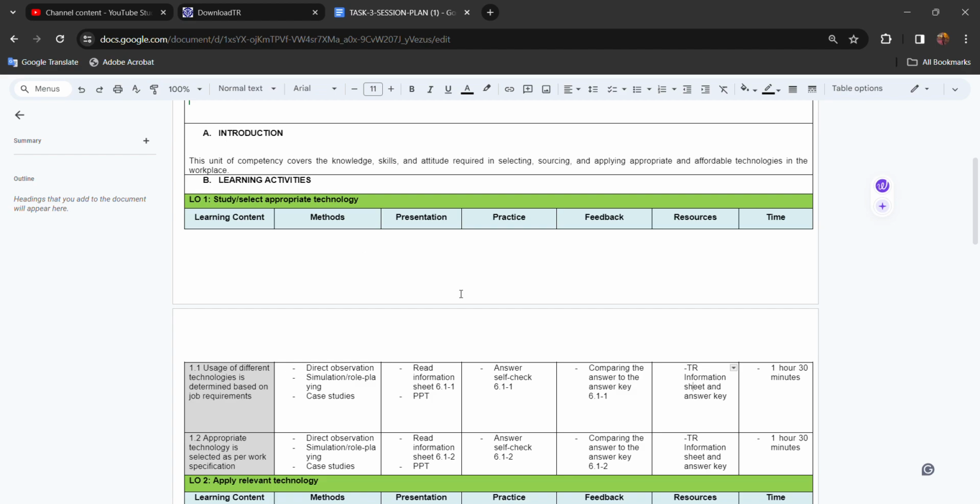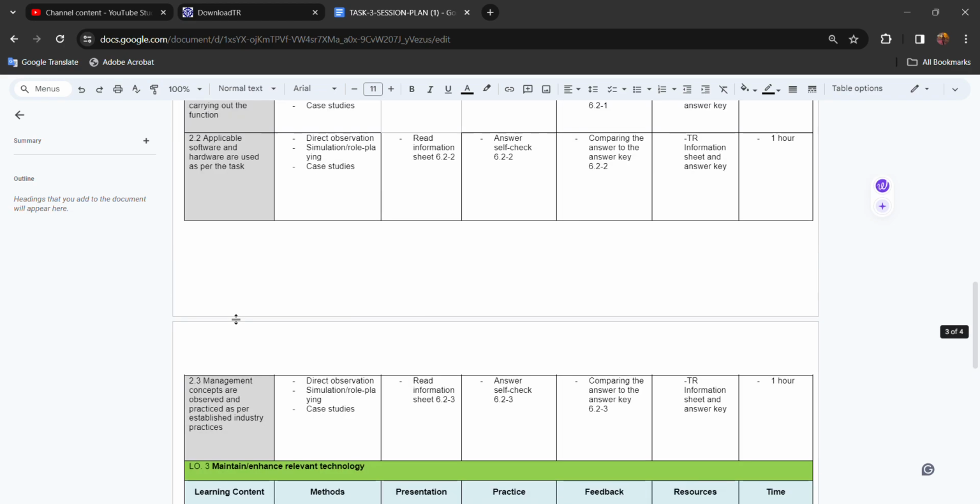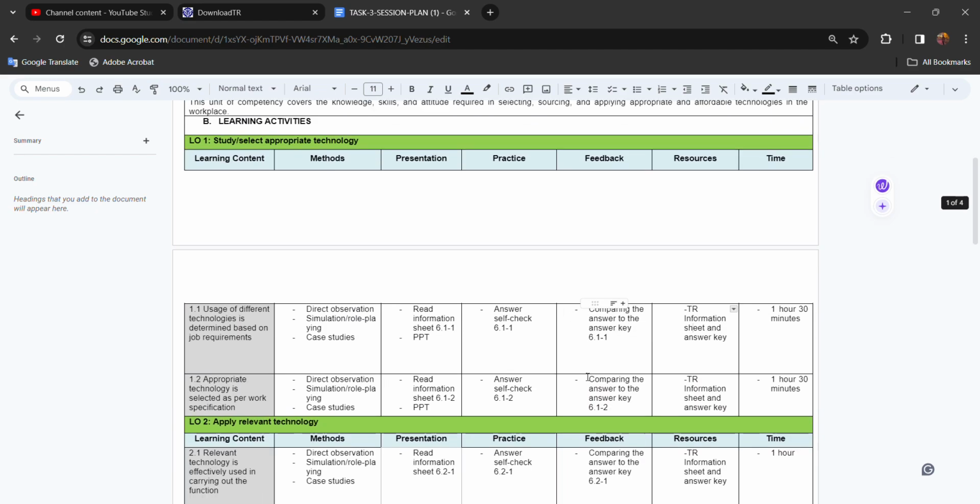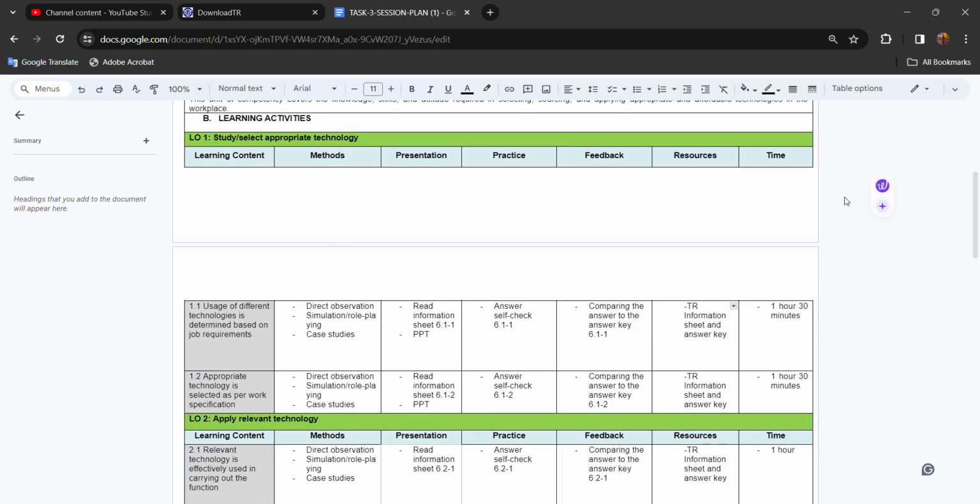There were 3 hours for each learning outcome, so dividing that, we should get 2 here. 3 divided by 2 learning content equals 1.6.